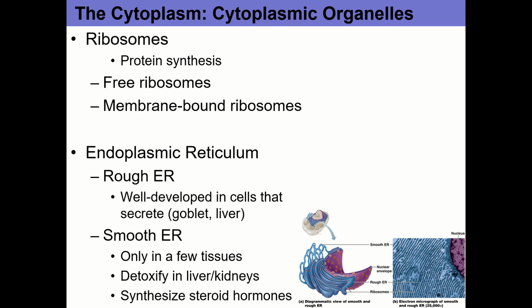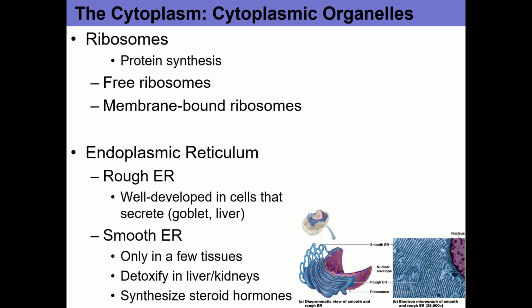In terms of where ribosomes are found, they can either be free ribosomes, which means they just float around the cytosol or the cytoplasm, or they can be membrane-bound ribosomes, which means that they are embedded in the endoplasmic reticulum, which is our next thing here.